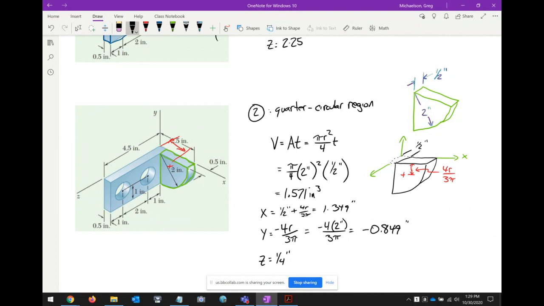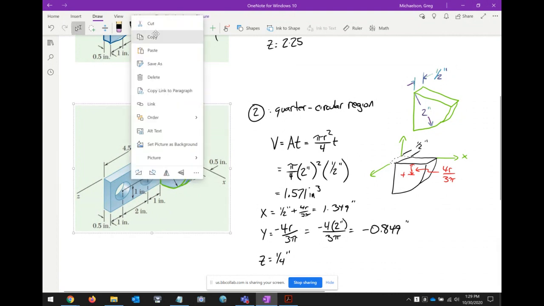Does that make sense? You got to account for that little bit on the end. Good. This is the stuff I want to make sure that we're comfortable with.